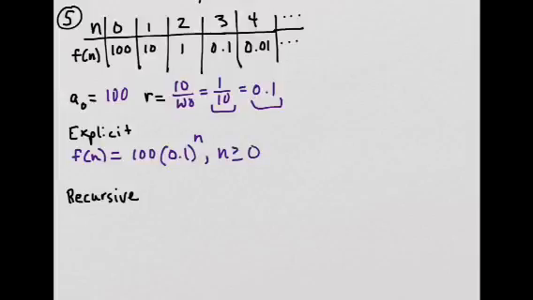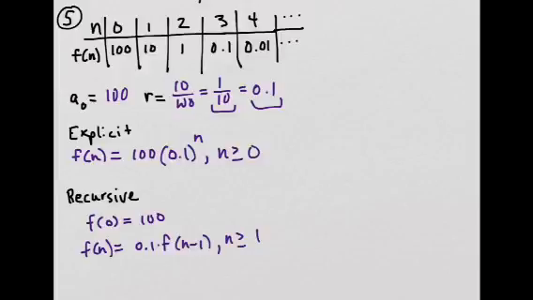For the recursive, the first number on the list is 100, so that's your f of 0, and then f of n equals the ratio, which is 0.1, times f of n minus 1 for all n greater than or equal to 1.